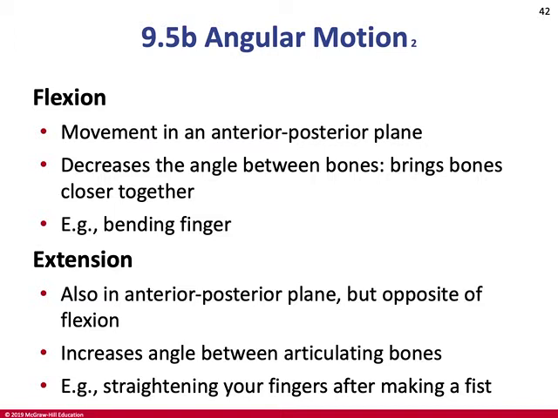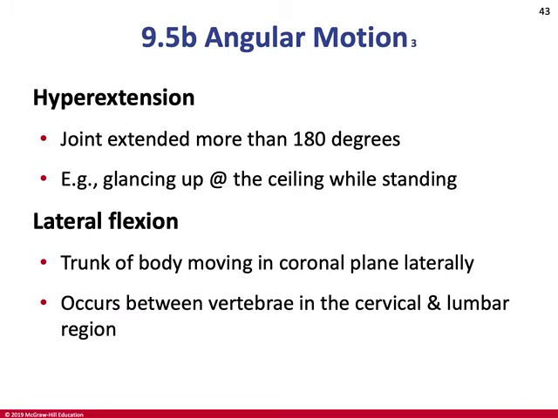Extension is the opposite of that, increasing the angle between two components from anatomical position. And then hyperextension is going beyond anatomical position. Lateral flexion is movement of the trunk of the body along the frontal plane in a lateral direction, and this happens between the vertebrae in the cervical and in the lumbar region.